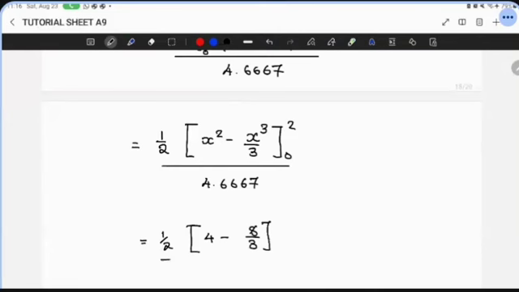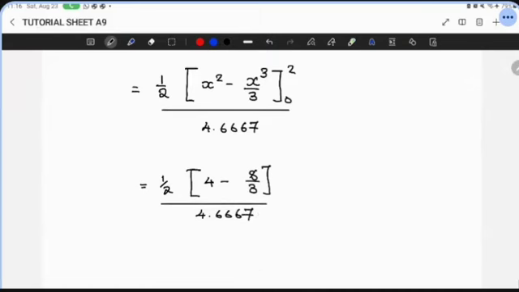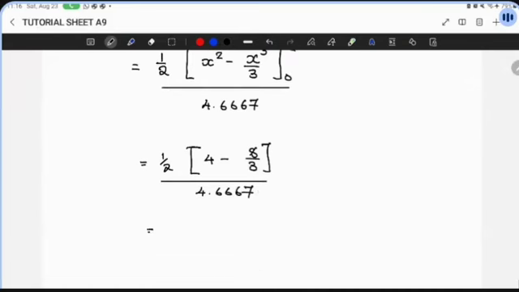Over 4.6667. What are you getting here? You can even distribute that half to give us 2 minus 4 over 3.